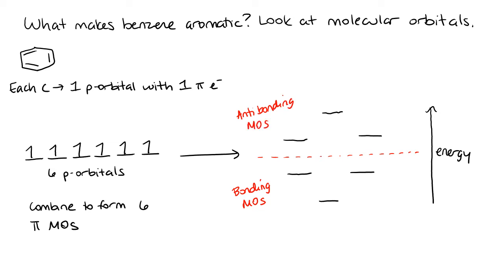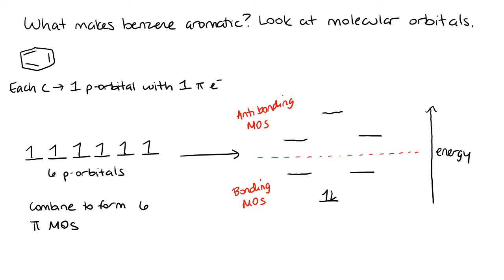Now we're going to take our 6 pi electrons and distribute them in our 6 molecular orbitals, starting from the lowest energy level. Now our rules for electron filling in orbitals is we start at the lowest energy level, and we pair them up before moving up. So we'll take 2 of our pi electrons and fill them in our lowest molecular orbital.